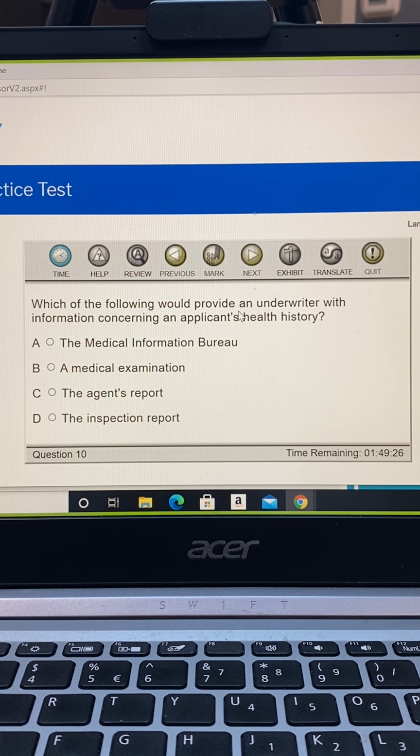Okay. Oh yeah, I got that mixed up with the consumer report. So it's the information concerning an applicant's health history. Would that be a medical examination? I think it's gonna be the Medical Information Bureau. Okay.